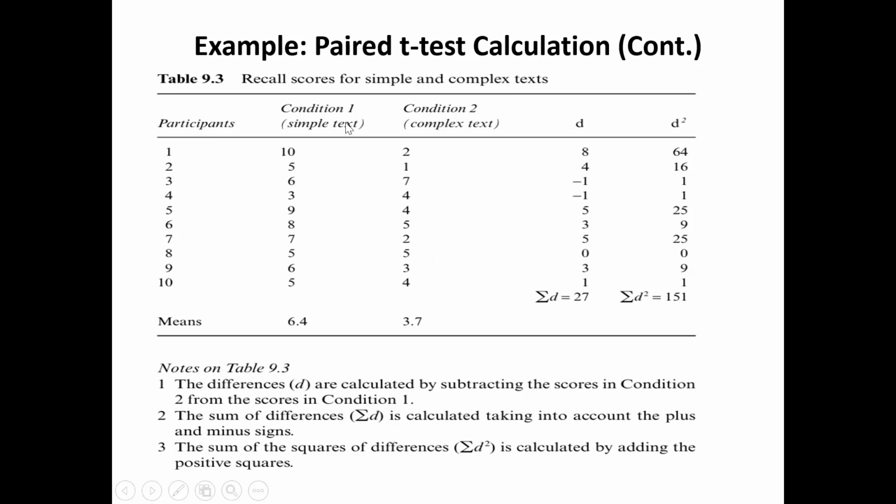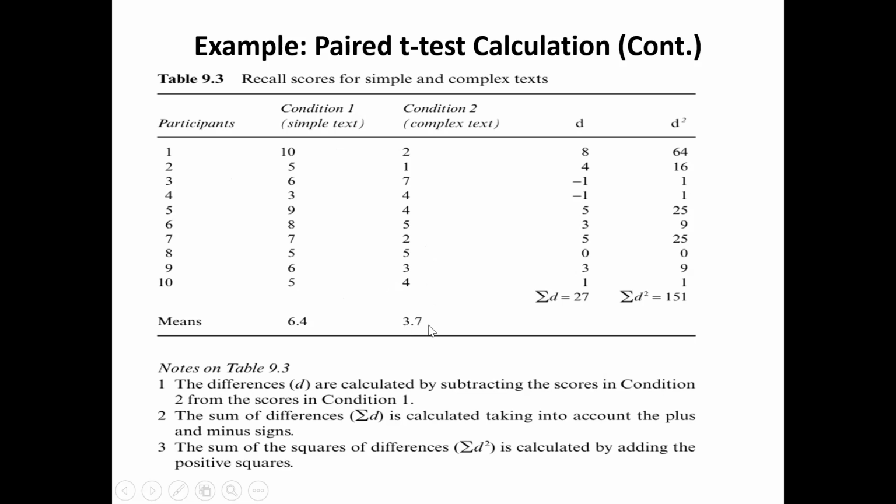We have condition 1, the simple text, and then condition 2, the complex text. These are what they could recall after giving them the simple and complex text. And you can see their mean scores.